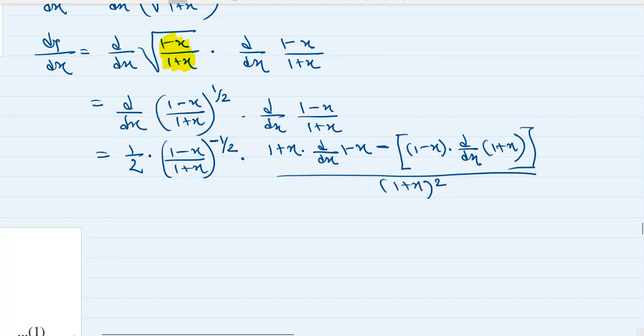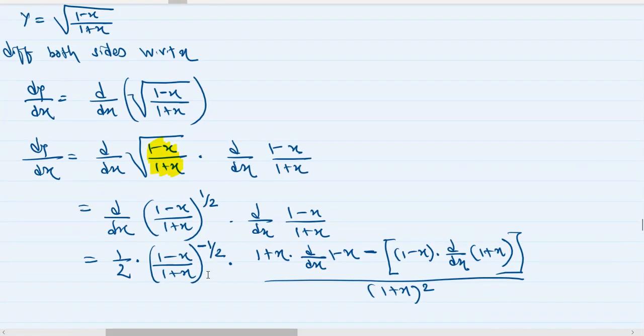Let me put a bracket over here for safety. Okay, let me write it from here.